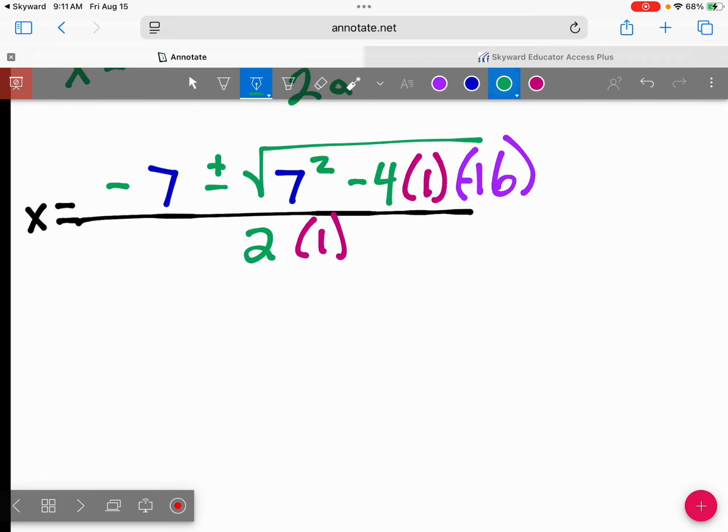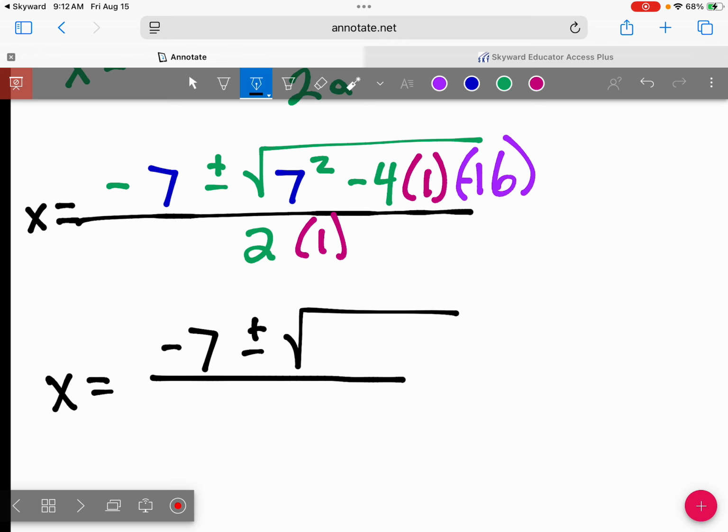And we have tools we can use. So our x equals, simplifying things we can, negative 7 plus or minus the square root of 7 squared, which gives us 49, minus 4 times negative 16, plus 64, all over 2.